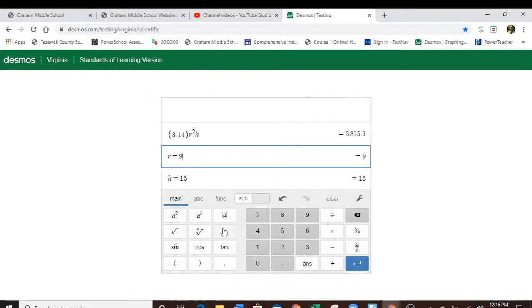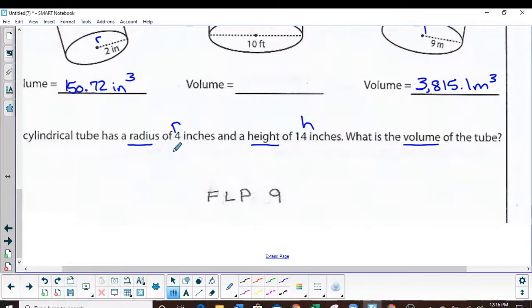We got 703.36 inches cubed. Okay, there it is.